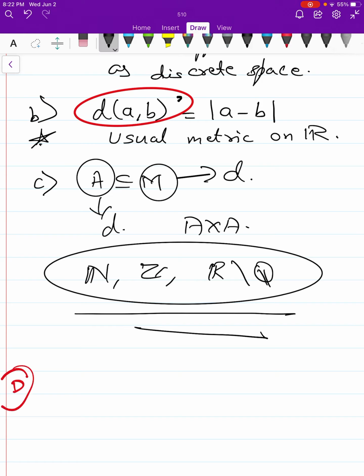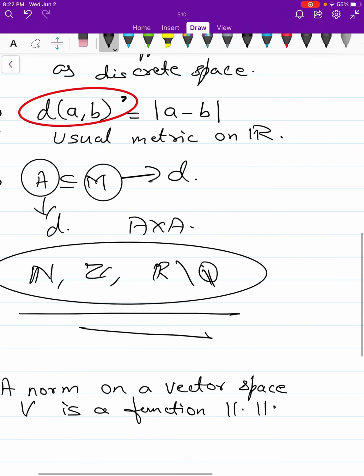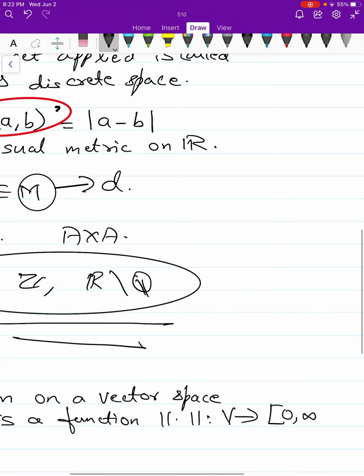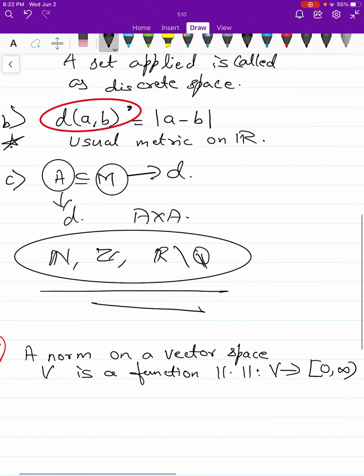Definition: a norm on a vector space V is a function, denoted like this, from V to 0 to infinity.